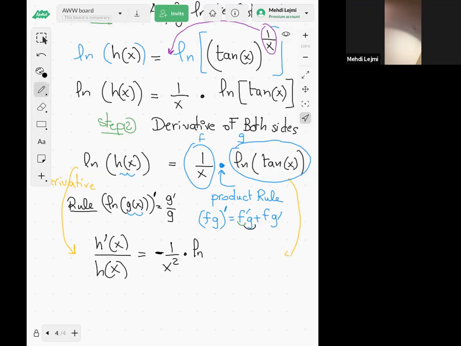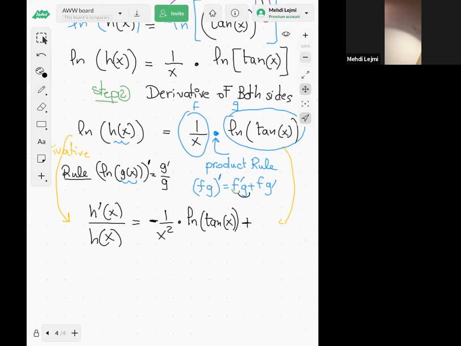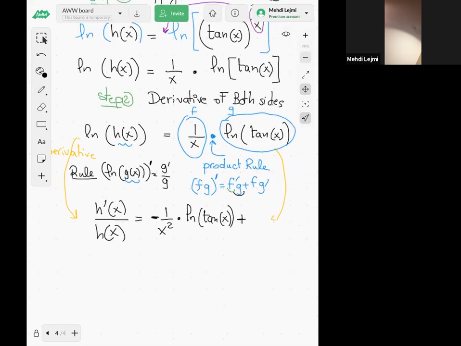The g is the ln of tangent of x, right? And then plus f is, so f is the 1 over x, so it's plus 1 over x.